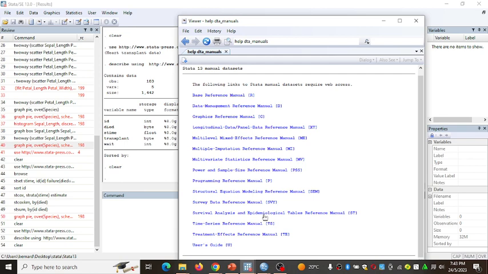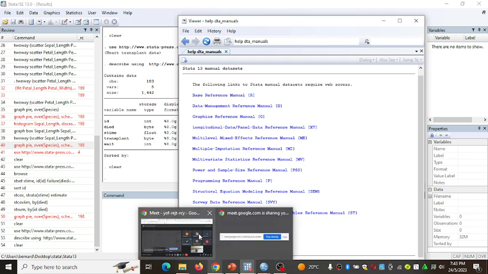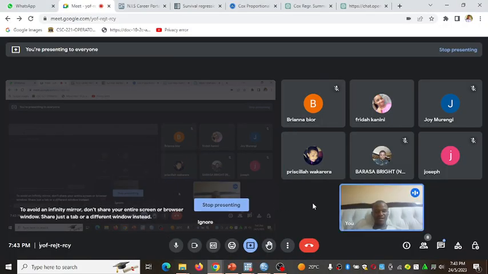Okay, click on that manual. Okay. Inakupeleka wapi? Is it possible you share with us your screen just a little bit, then you can see how we can handle it. Okay, I think you need to stop sharing. Just share the screen, then we see how we can do it.